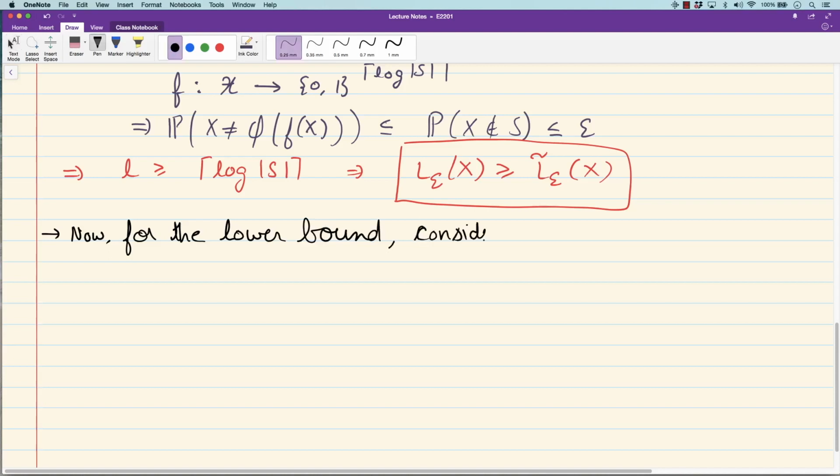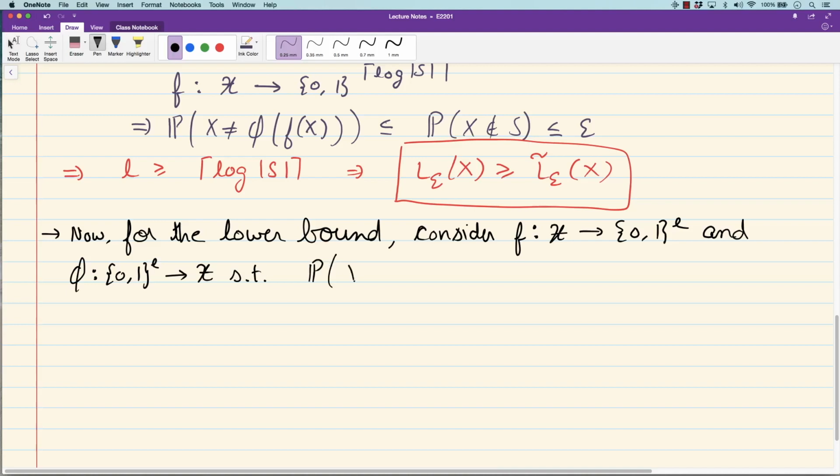Consider a mapping f from x to 0, 1 to the power L and phi from L bits to x such that probability that x is equal to phi of f of x exceeds 1 minus epsilon.